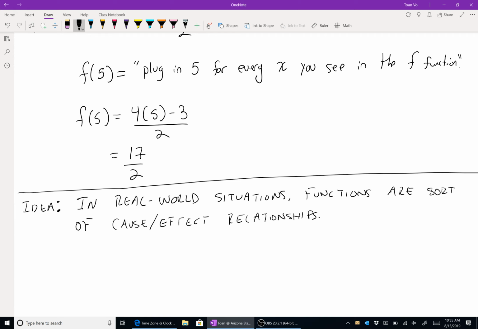Instead of having an input producing an output, we have an independent variable. That's the vocab word, independent variable.